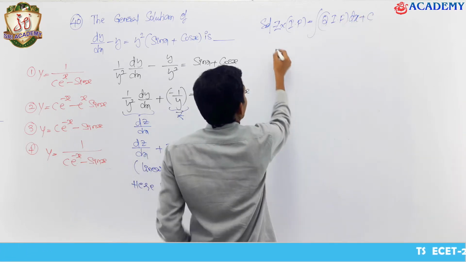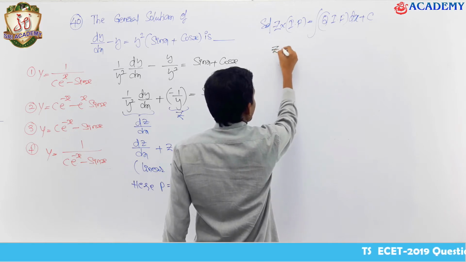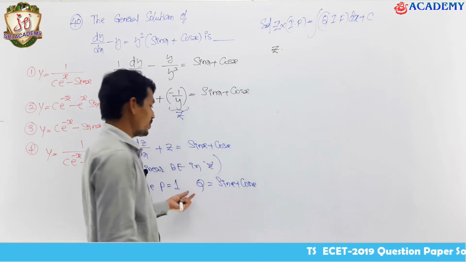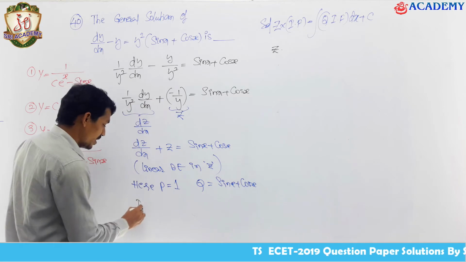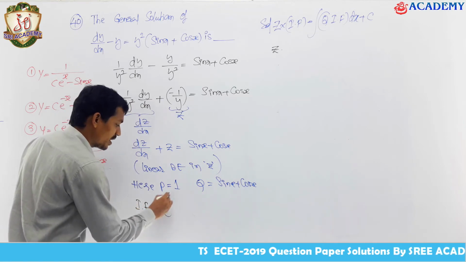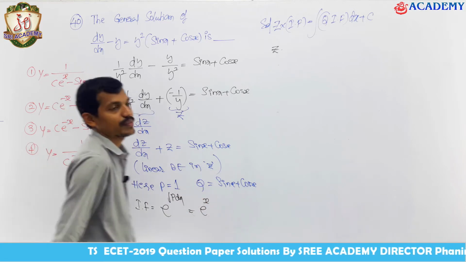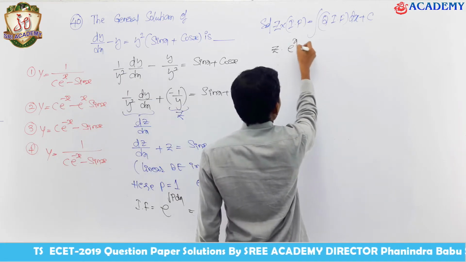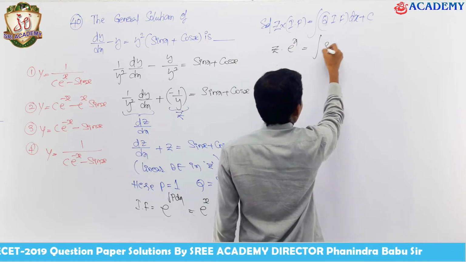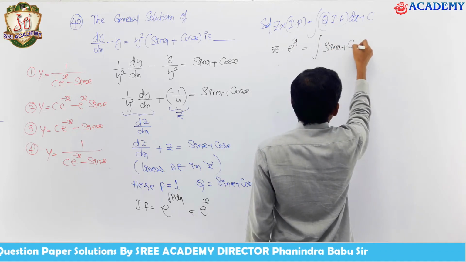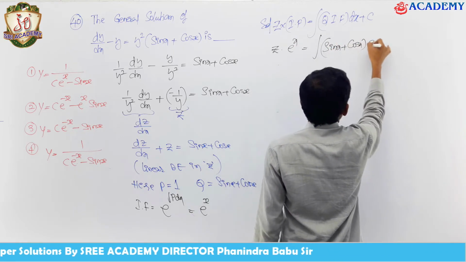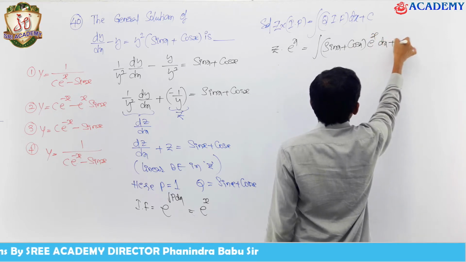Now, z into integrating factor, I am writing directly. Integrating factor equals e power integral p dx, that is e power integral of 1, which is x, that is e power x. So z times e power x equals integral of sin x plus cos x into e power x dx plus c.